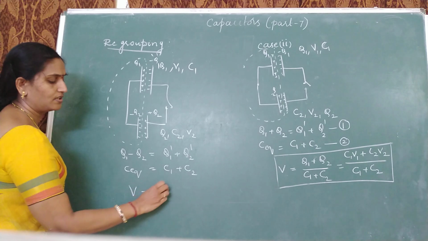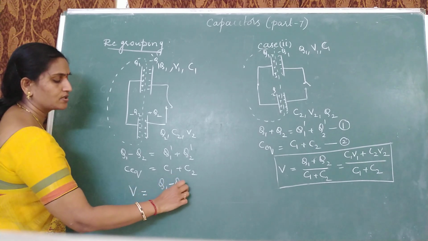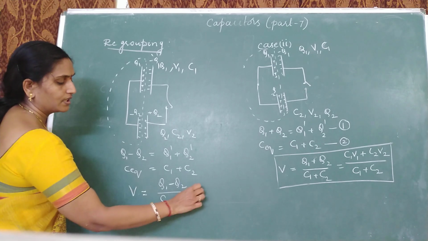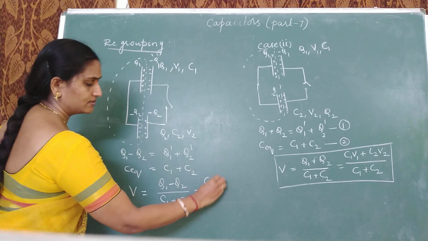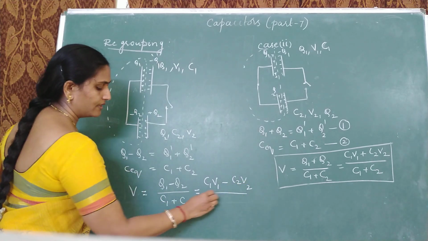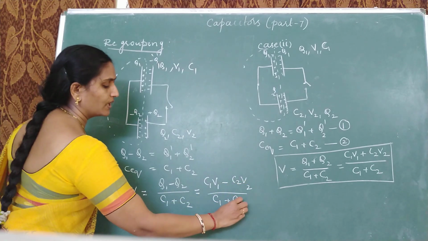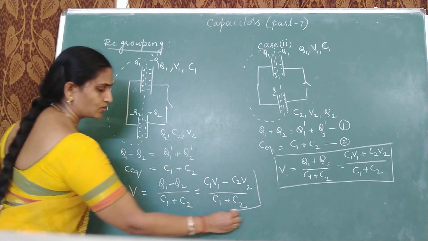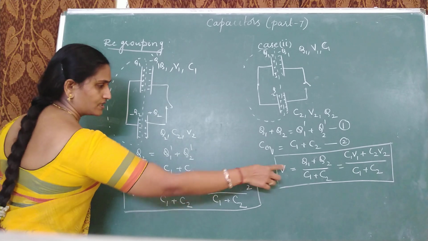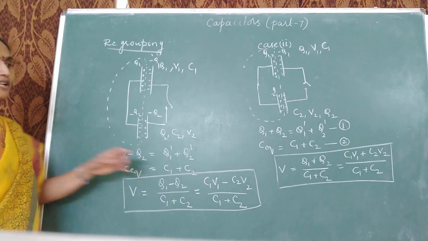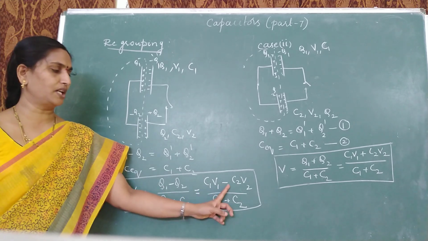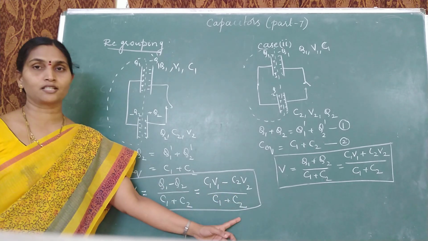So the common potential would be (Q1 minus Q2) by (C1 plus C2), where Q1 is C1 V1 and Q2 is C2 V2, divided by C1 plus C2. So this gives you the formula for common potential. Observe these two formulas. There we had a plus sign in between, but here we have a minus sign: (C1V1 minus C2V2) by (C1 plus C2).